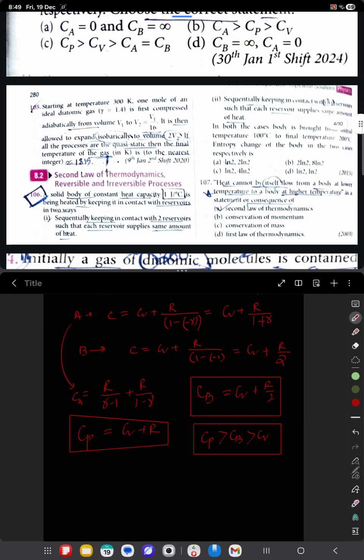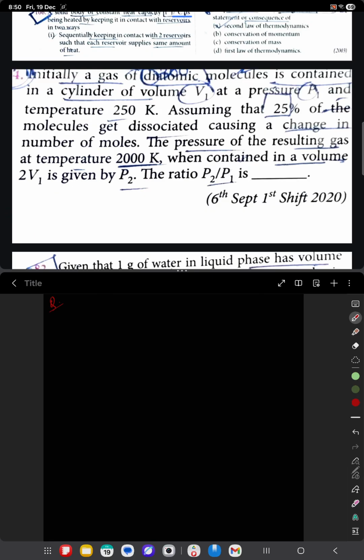Now moving on to the next question. Initially a gas of diatomic molecules is contained in a cylinder of volume V1 at a pressure P1 and temperature 250 Kelvin.